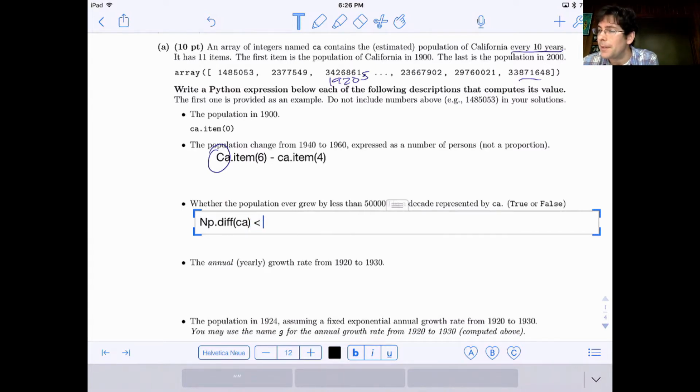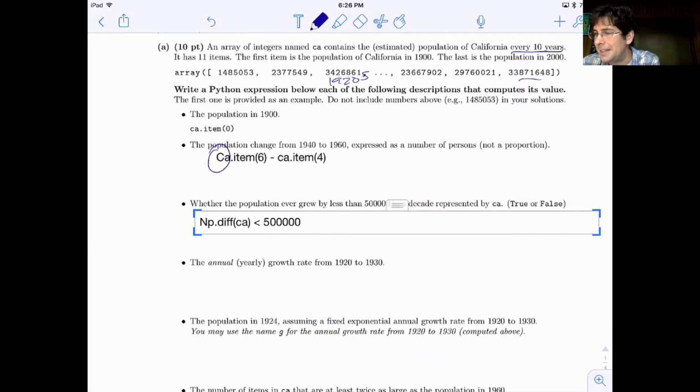Now what we'll do is check and see if any of those are less than 500,000. So I'm just translating what's in the question into a Python expression. Now, this is going to give me an array of 10 true or false values. So it'd be something like false, false, false, false, false, false, false, false, if there was never a decade that grew by less than 500,000, or if there was one, then I'd have a true somewhere in the middle of an array.